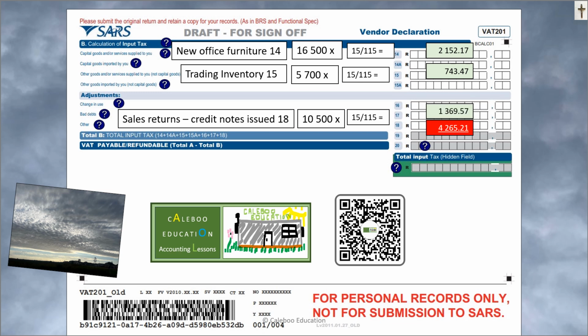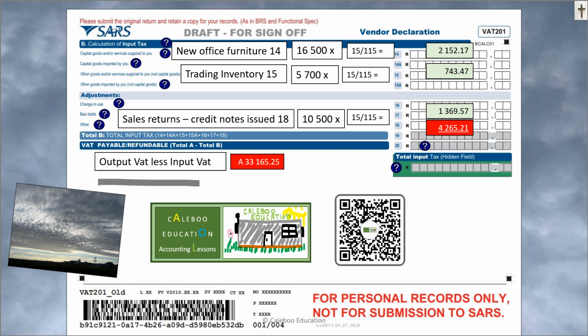I total that up, it's 4,265. Then we say output VAT less input VAT. A represented, on the previous page, the output VAT, and B represents the input VAT. A minus B is equal to the amount that needs to get paid to SARS.